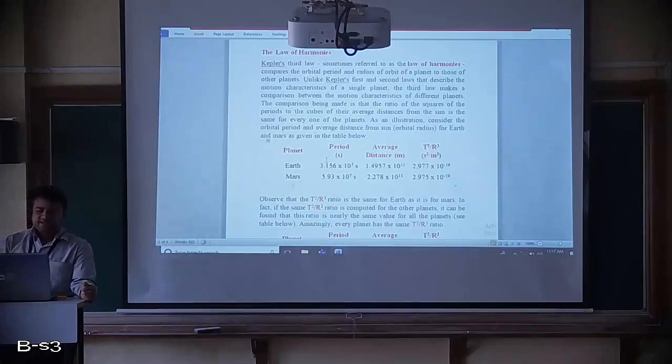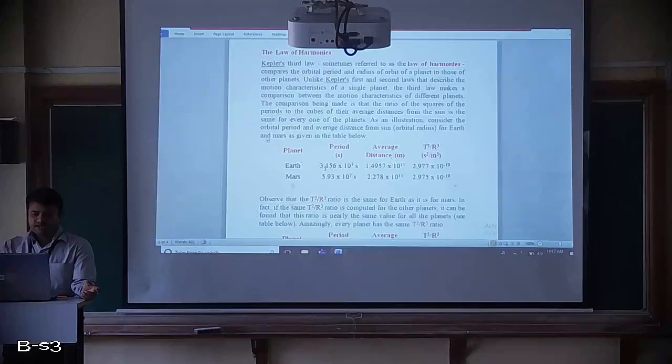If I take these two sets of data and put them in a ratio, in the numerator the period squared, and in the denominator the cube of the radius, that will remain the same.